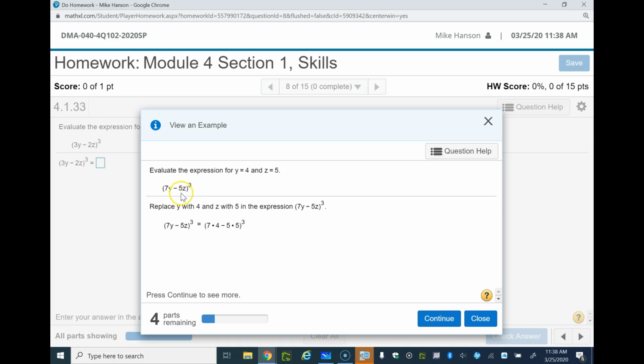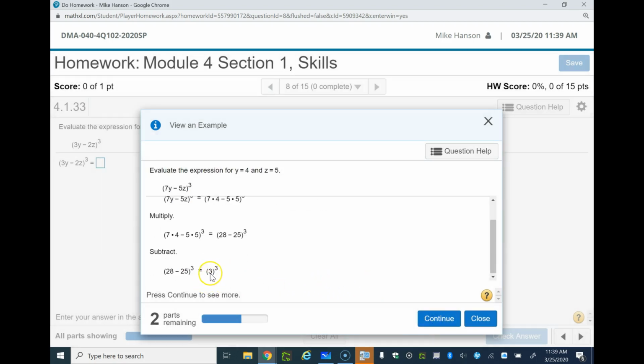So we're going to do what's inside the parentheses first by multiplying the 7 and 4 together and the 5 and 5 together, then subtract them, and once we've completed everything inside the parentheses, then we'll raise it to the third power. So 28 minus 25 gives us 3 to the third, and that's going to be 27. So 3 times 3 times 3 gives us 27.